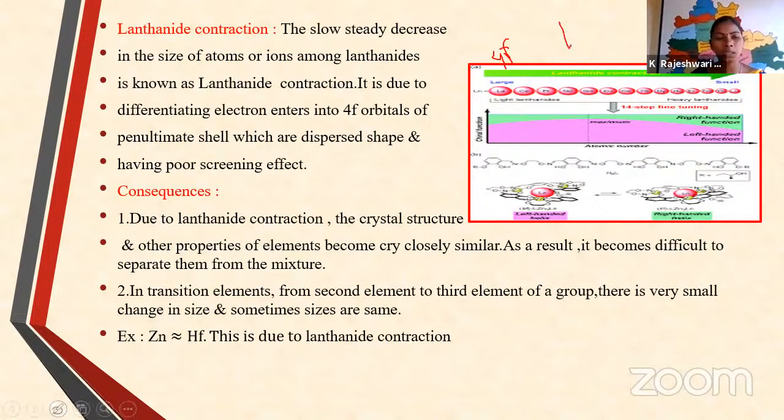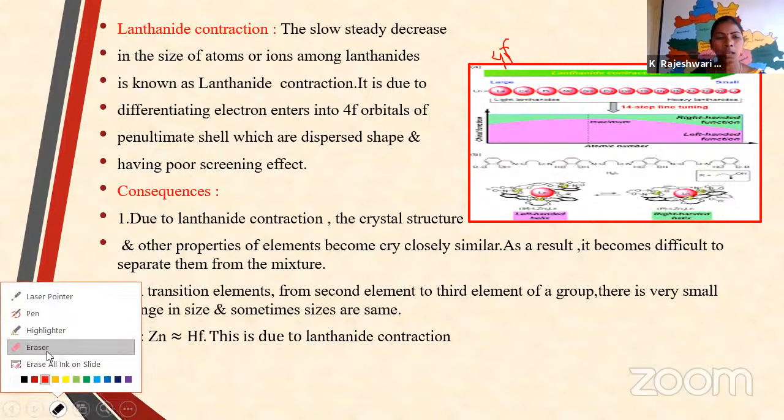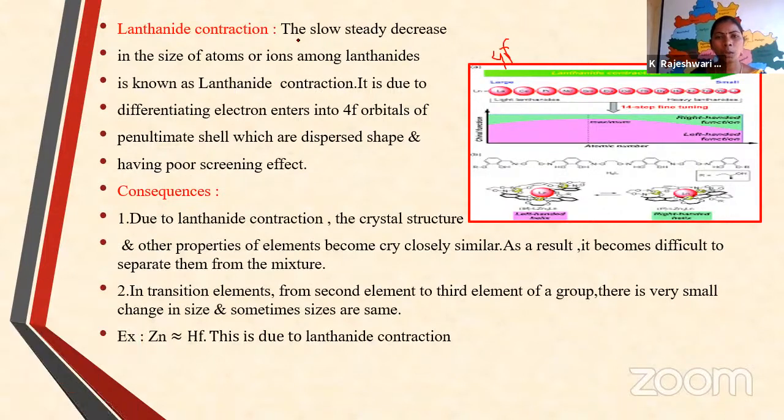The slow, steady decrease in size of atoms or ions among lanthanides is known as lanthanide contraction. The size is slowly decreasing, so the slow steady decrease is known as lanthanide contraction.